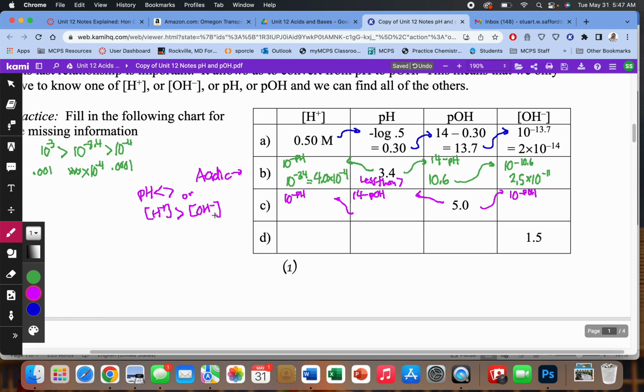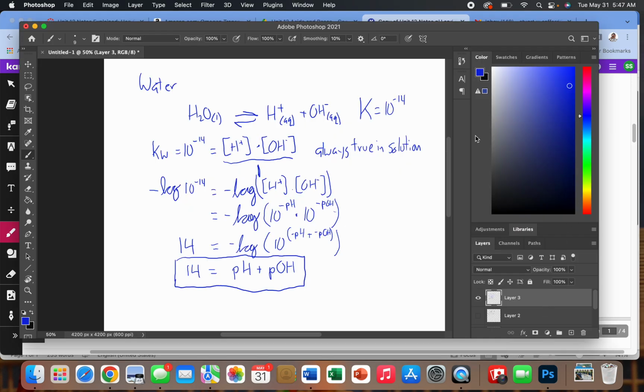If we had a base, its pH would be greater than 7, and OH- would be greater than H+, because again, water, we assume, is the dividing line. And you might say to yourself, well, what is water doing to the whole pH thing? Well, let me just show you one last thing, and then hopefully that will make sense.